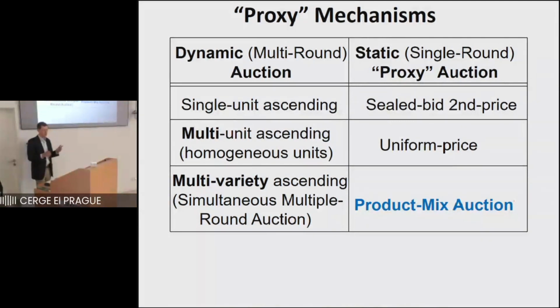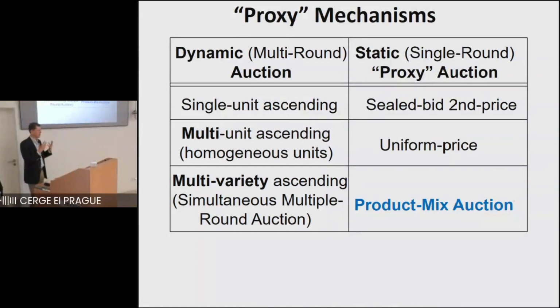And if you've got a lot of homogeneous units, a multi-unit ascending auction where the price just goes up until demand equals supply, that will have the same outcome as a uniform price auction, in which everybody simply bids for what they want, and the price is the lowest price at which demand can be met. That outcome will be the same.